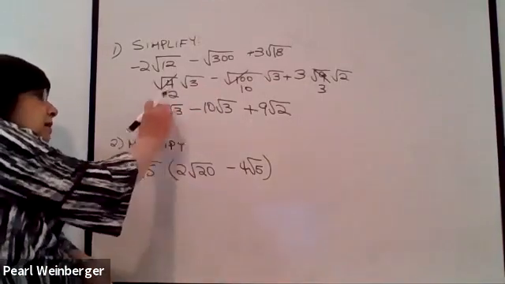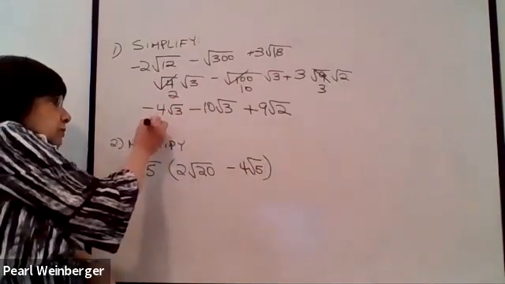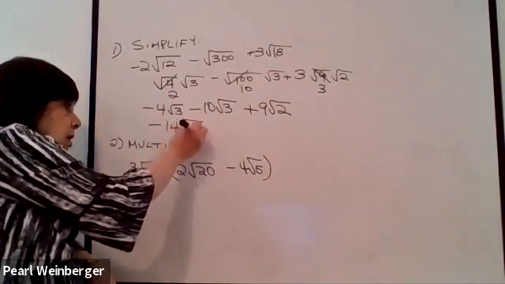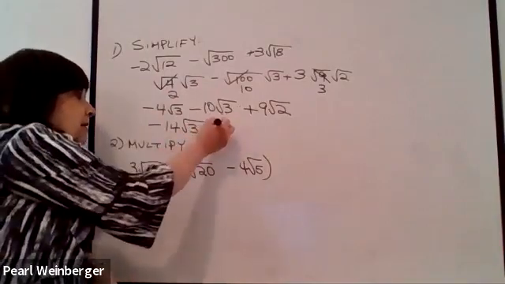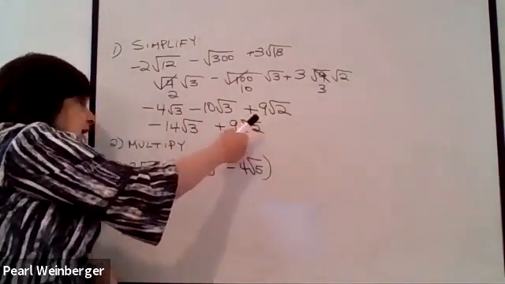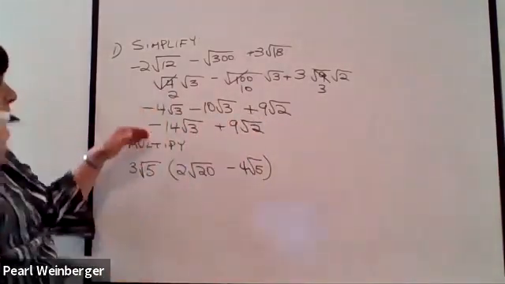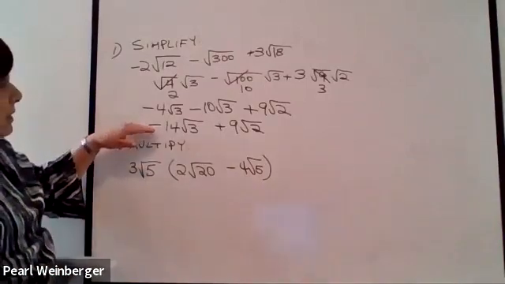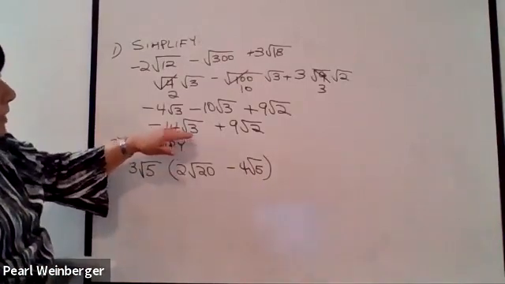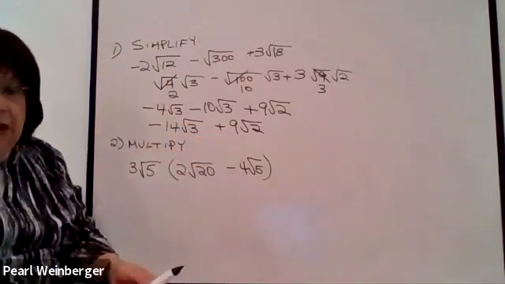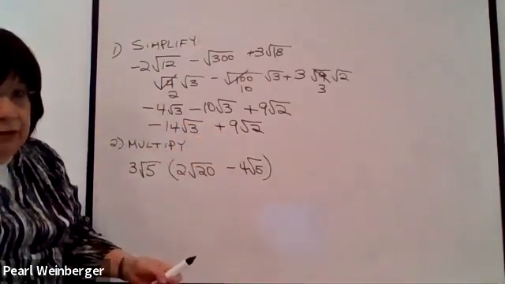So I combine the negative 4 and the negative 10, which gives me negative 14 radical 3. But I can't add the 9 radical 2 because these are not like radicals. So my answer in simplest form came out to be negative 14 radical 3 plus 9 radical 2. Does anybody have any questions about that?